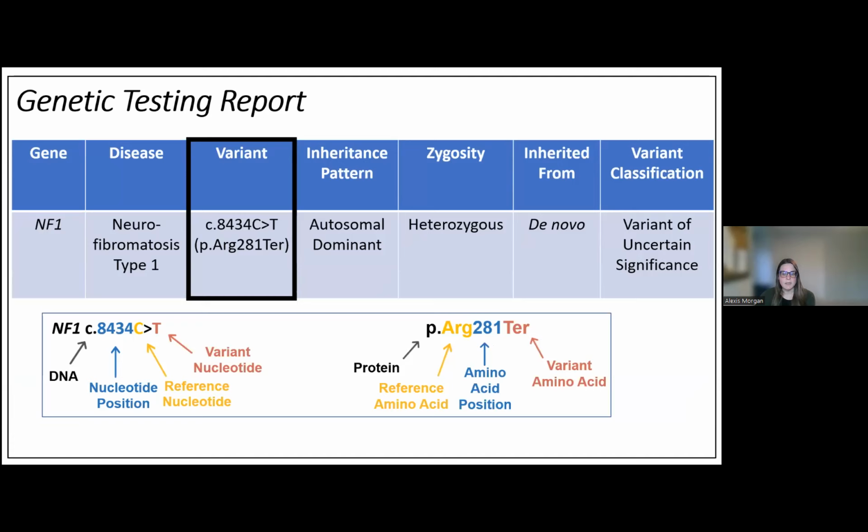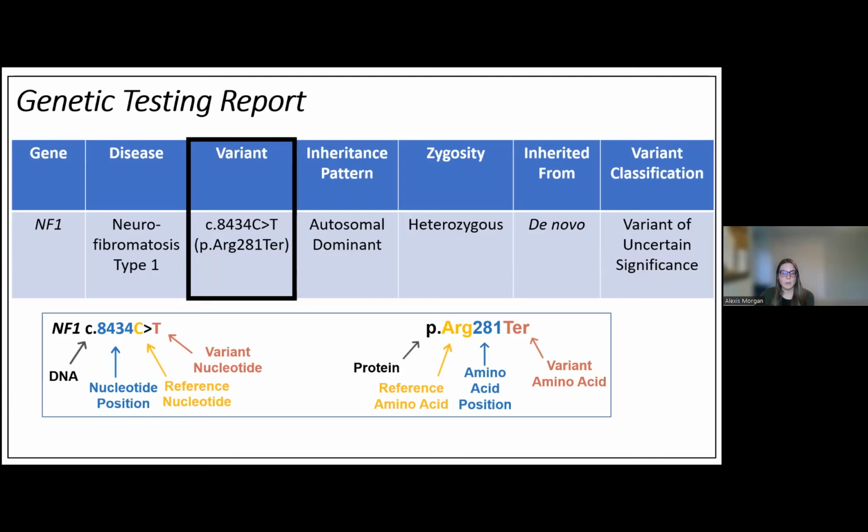In this example, the c. or sequence variant is 8434C to T. The number 8434 is the nucleotide position, which means at the 8,434th letter of the NF1 gene, that nucleotide is typically a C, which you would call the reference nucleotide. But in this individual, there's a T at that position, which we would call the variant nucleotide.